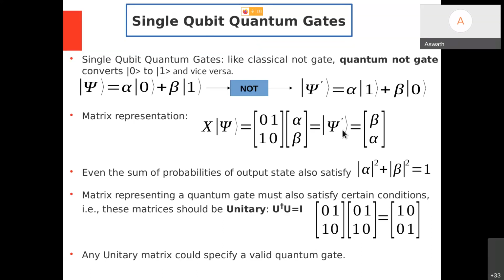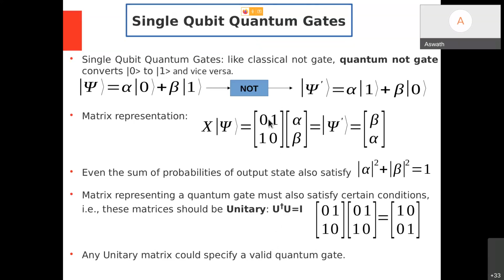Okay, so there always exists a constraint on the matrix also. What is that constraint? If I take that matrix, take the self-adjoint, meaning transpose and complex conjugate, and multiply with the matrix itself, what do you get? Identity.